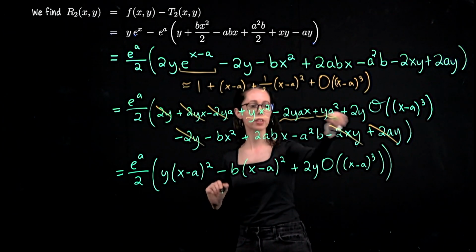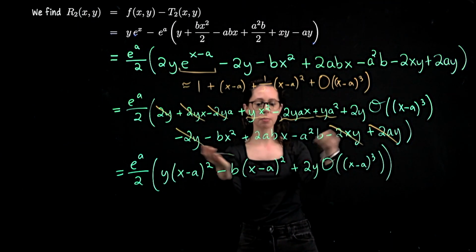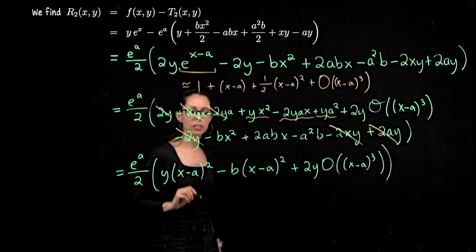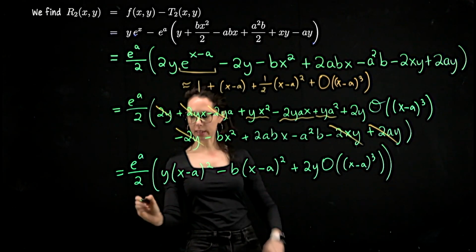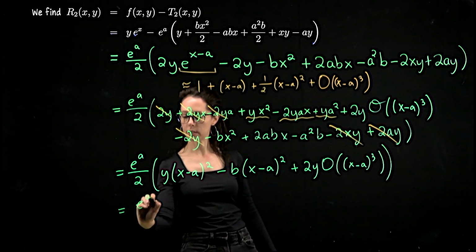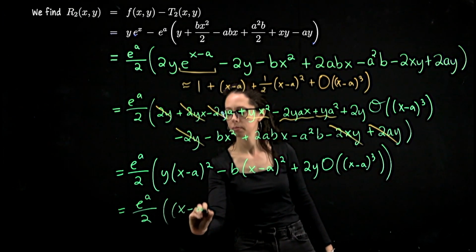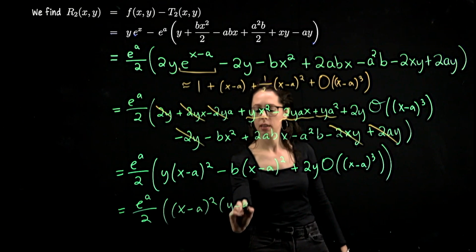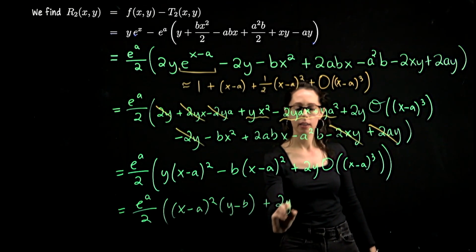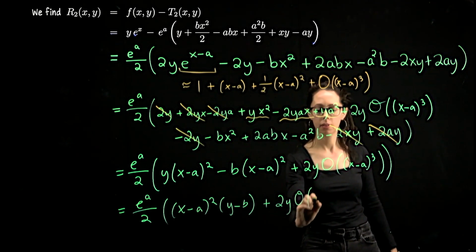So these three terms factored like this, these three terms factored like that. And you can even take this further, write it one more time, and then I'll erase everything. This is really (x minus a) squared times (y minus b) plus 2y times higher order terms.